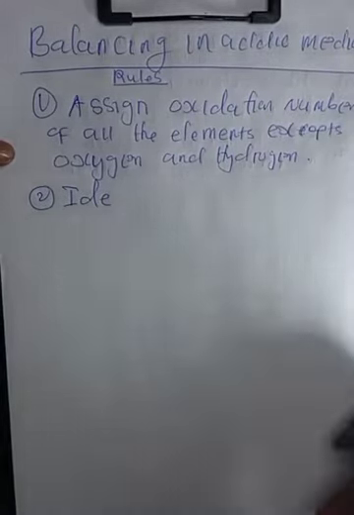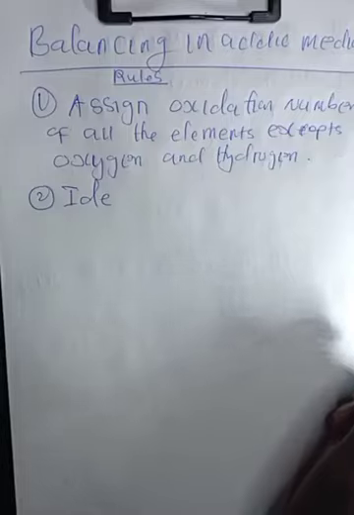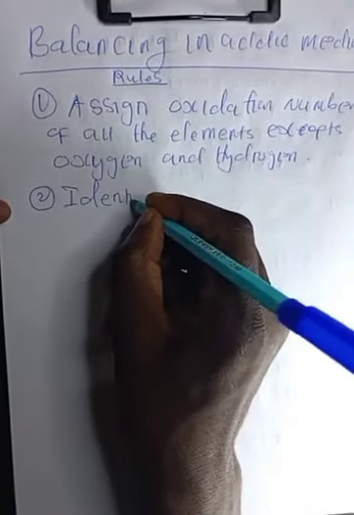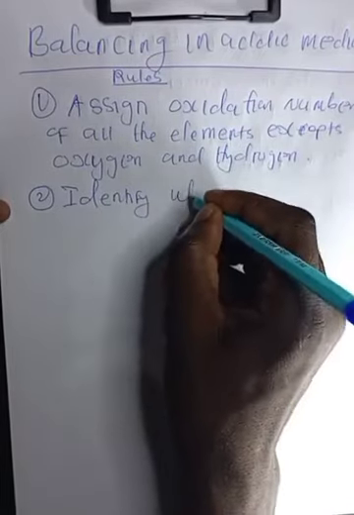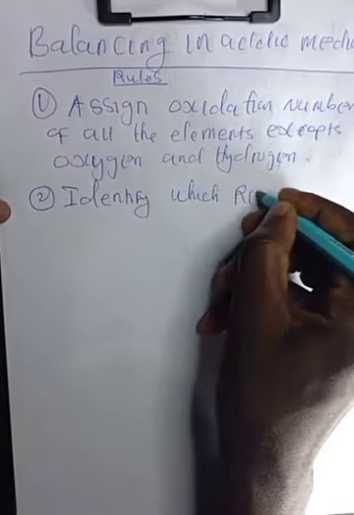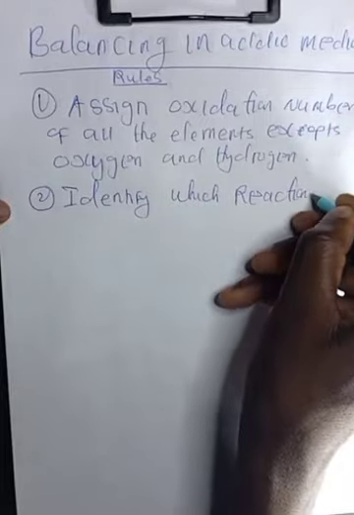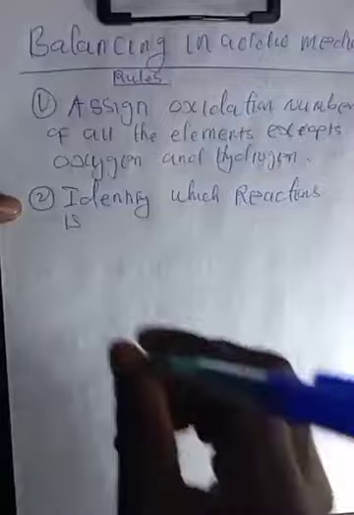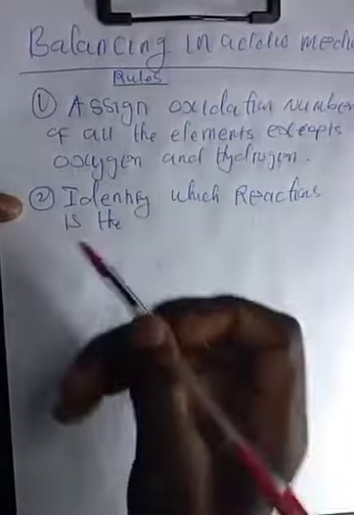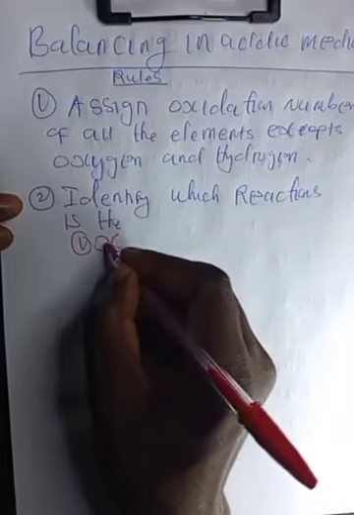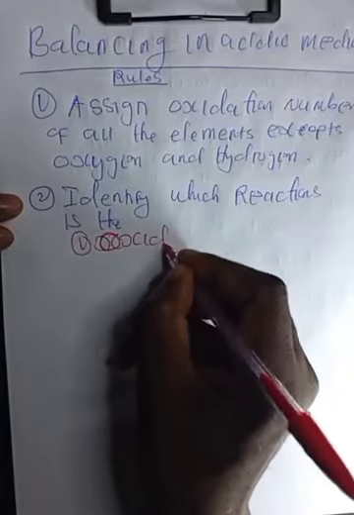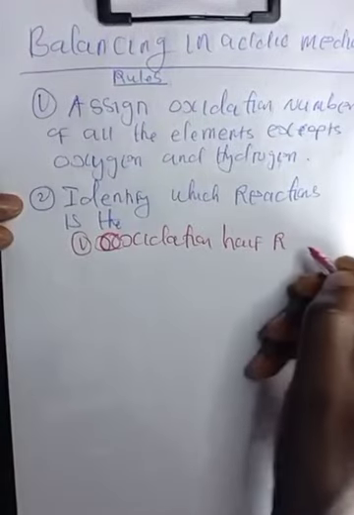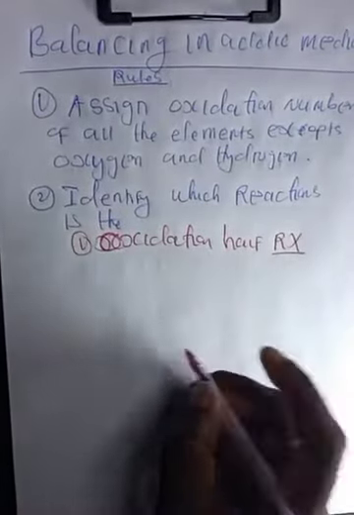So let's proceed. After that, let's talk about the second one. So after assigning oxidation numbers, number 2 is to identify which reaction is the oxidation half reaction.